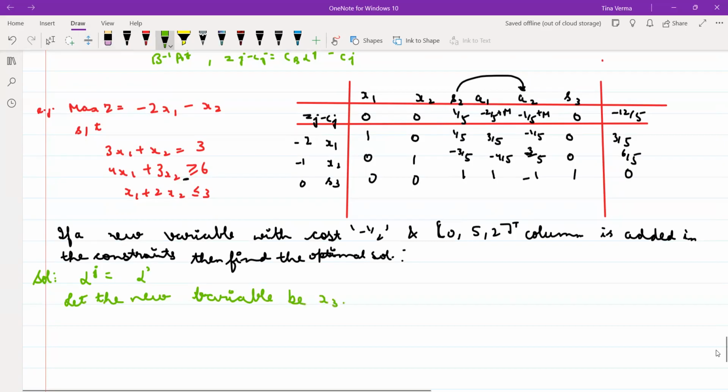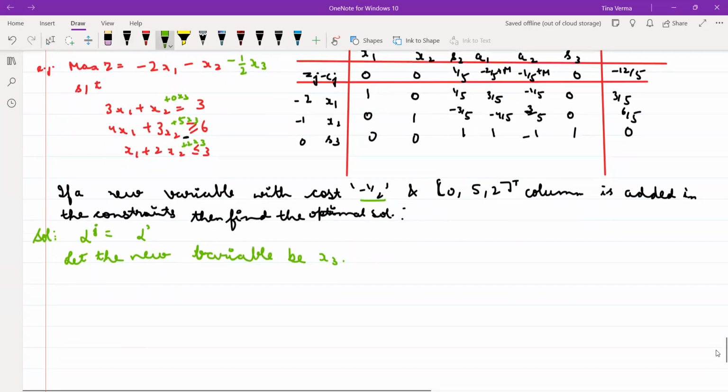The coefficient for x3 is given as minus half into x3, and the column is given as 0, 5, 2. That means this is plus 0 into x3, here it is plus 5 into x3, plus 2 into x3. So this is the column of A. So I am taking the new variable.